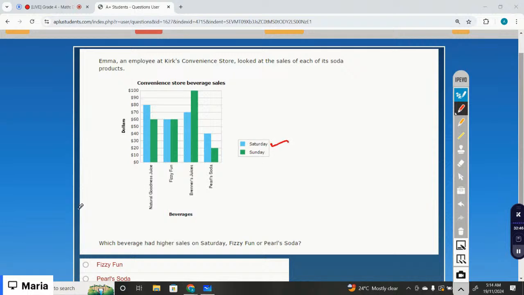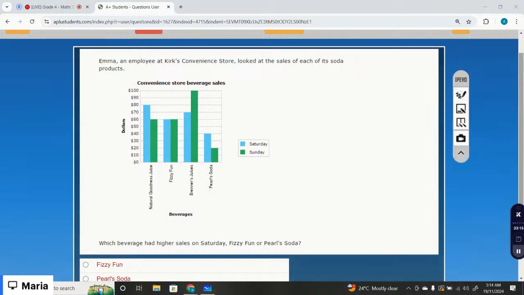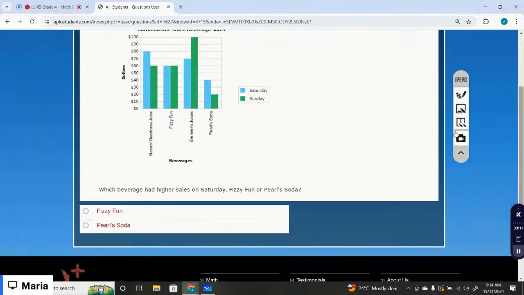The blue line represents the sales on Saturday, right? Here is Fizzy Fun and here is Pearl Soda. So, on Saturday, the higher sale is for Fizzy Fun. The correct option is option number 1.